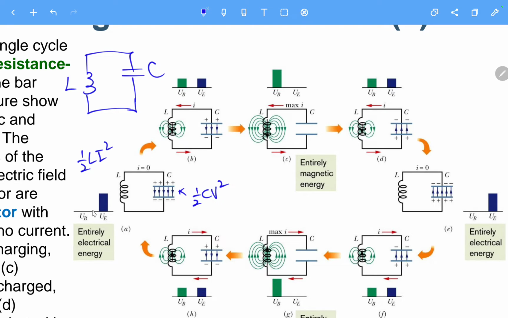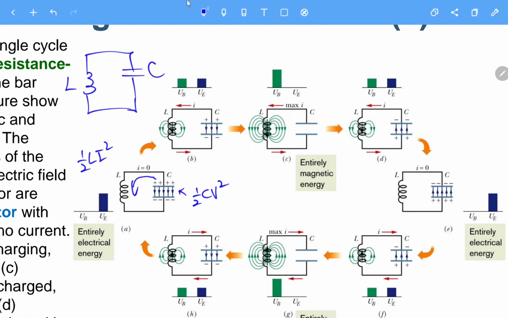Okay, at the next moment, the capacitor will start to discharge. The voltage will decrease, and there will be some current. So I is increasing and V is decreasing.